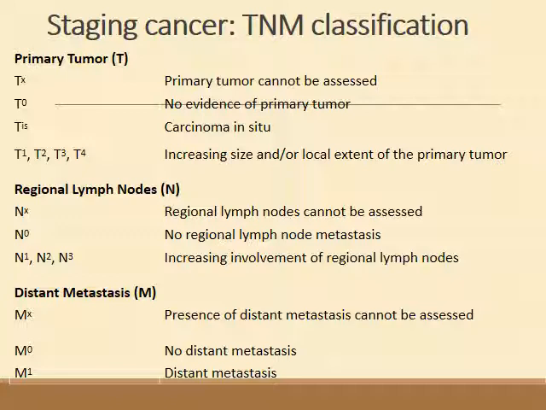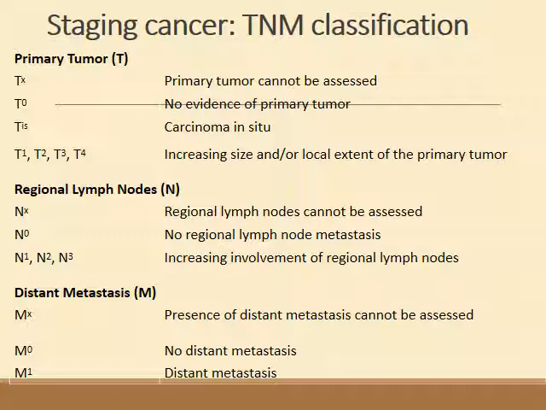Regional lymph nodes, the N: with an X, regional lymph nodes cannot be assessed. And 0 means they were assessed but no evidence of metastasis. And 1, 2, and 3, increasing involvement of regional lymph nodes going out further from that primary site.